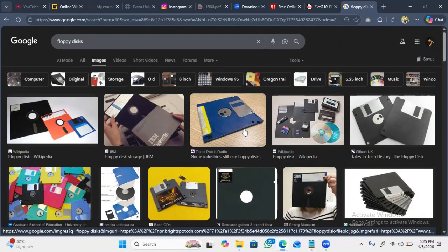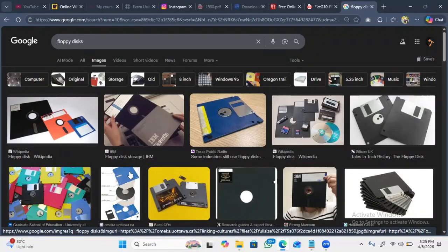Its limit was in KB: 100 KB, 200 KB, 400 KB. Having a 512 KB floppy disk was a flex. You were a rich person in those times. We used floppy disks to share Word documents, small images and small files inside government offices.